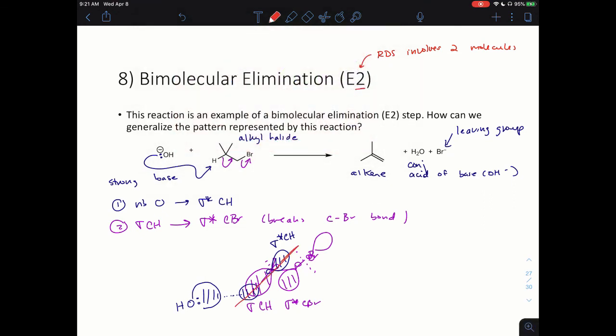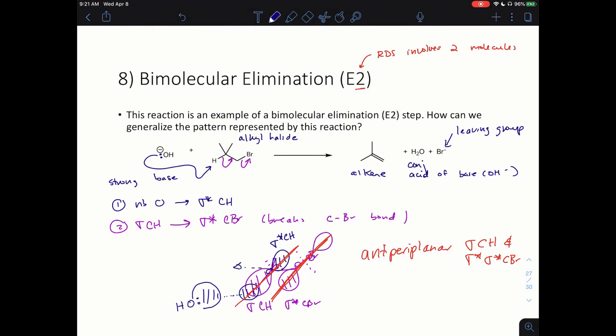So sigma CH must be aligned with sigma star CBr. They must be aligned like this, and this alignment is called anti-periplanar. So whatever sigma CH is reacting, it must be anti-periplanar to the carbon leaving group bond. And remember what anti means.